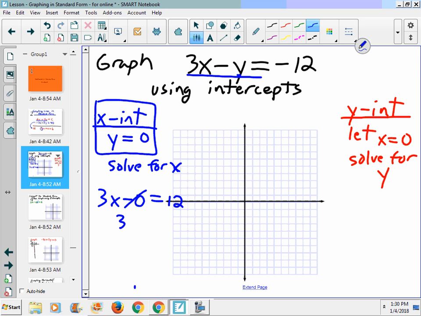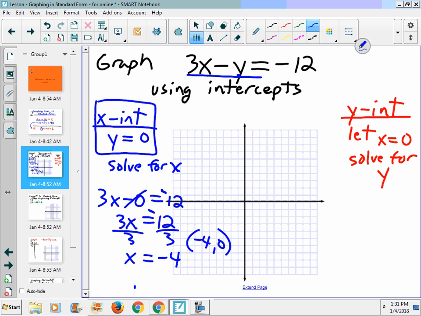The 0 goes away, so we have 3x equals negative 12. Excuse me, I forgot to write that negative from above. We divide both sides by 3, so x equals negative 4. Therefore, our x-intercept as an ordered pair is negative 4 comma 0.